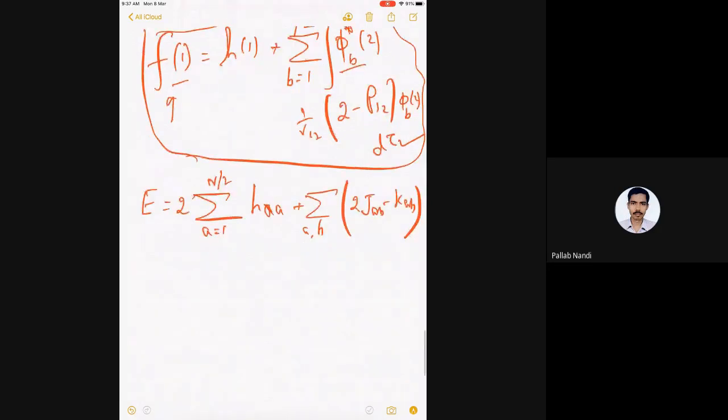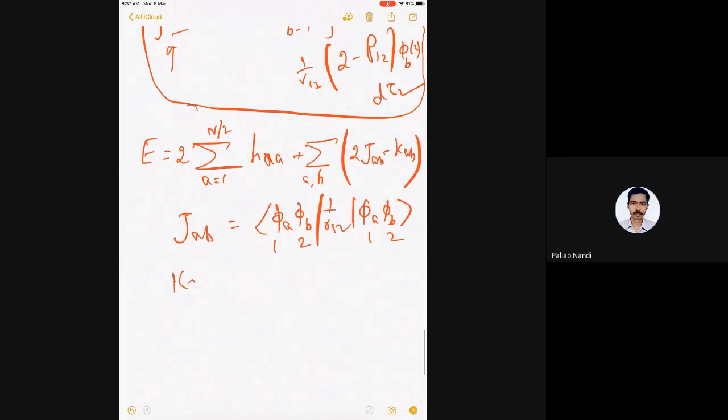I hope these are all done, right? Whereas J_AB is the Coulomb integral of phi A, phi B, 1 by r12, phi A, phi B. I hope you understand what I mean. It's Dirac notation: phi A star 1, phi B star 2, phi A 1, phi B 2. The two-electron exchange integral K_AB is nothing but phi A, phi B, 1 by r12, phi B, phi A.